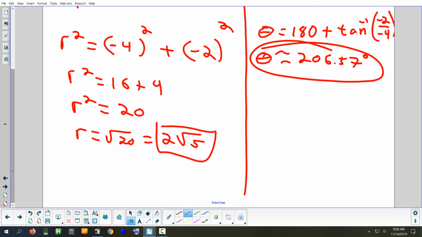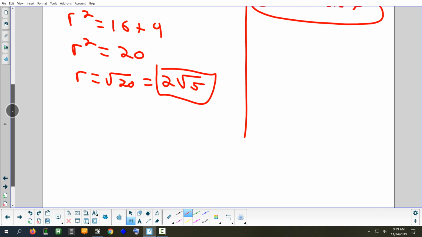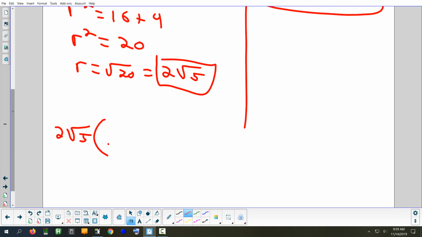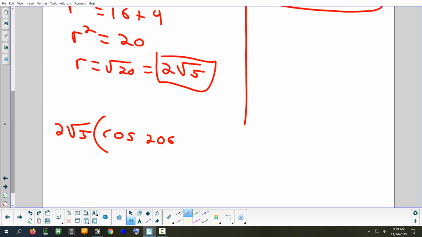There's your radius. It's kind of weird to write one exact and one as a decimal. Usually you either do both of them as decimals or both of them exact. But we'll go living on the edge. All right. So the radius is 2 square roots of 5. And what comes first inside the parentheses? Cosine. Then the angle. What is it? 206.57. Plus, and what comes next?